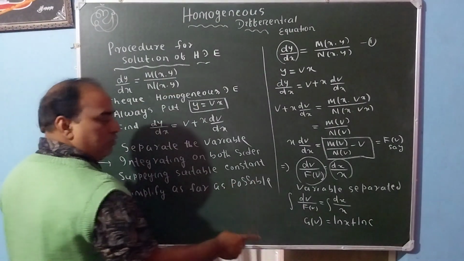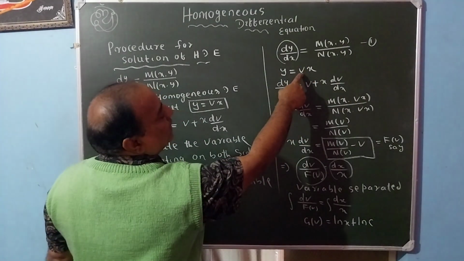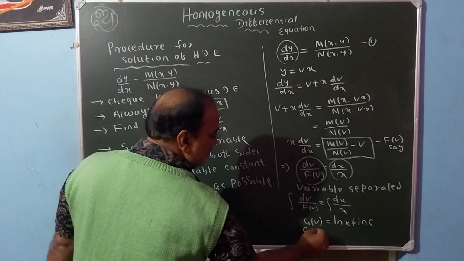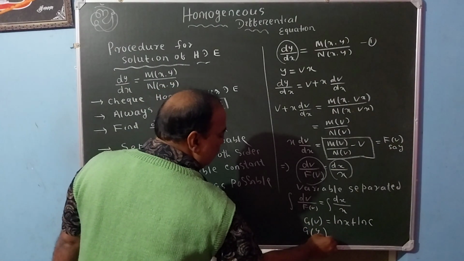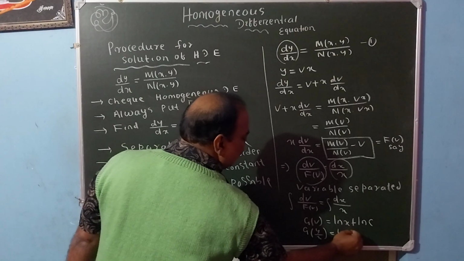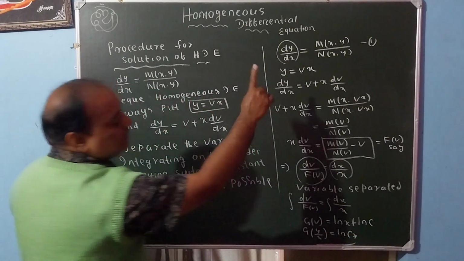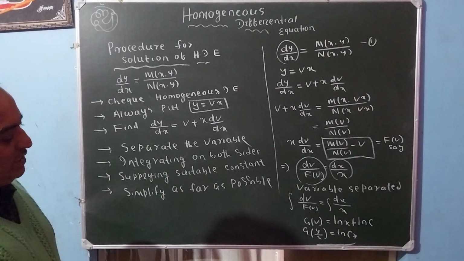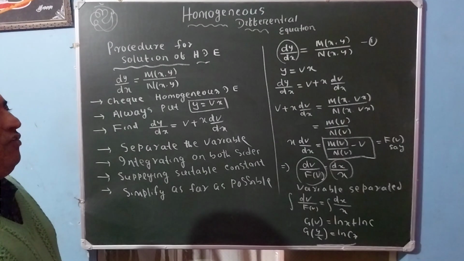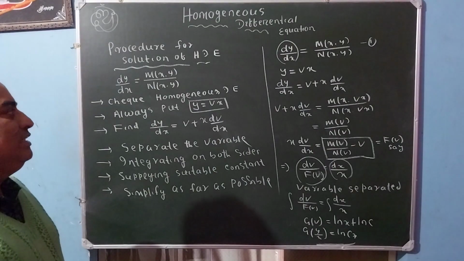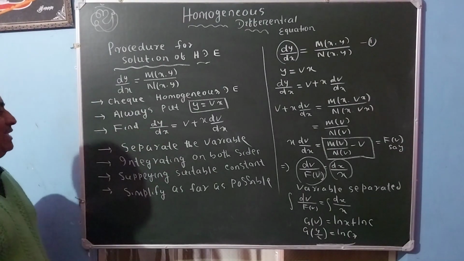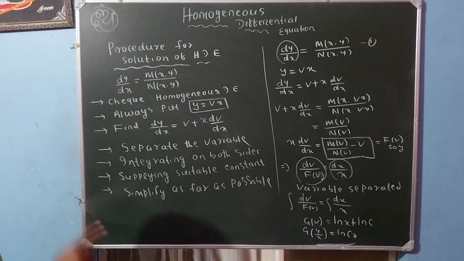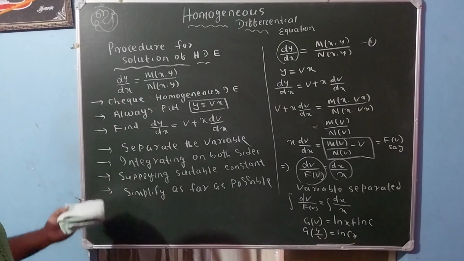Now we have to put the value of v as y by x, that is ln cx. So this is the theory of homogeneous differential equation solution. First of all, we have to put y is equal to vx, then find dy/dx, separate the variable, integrate on both sides, supplying suitable constants, and simplify it as far as possible.